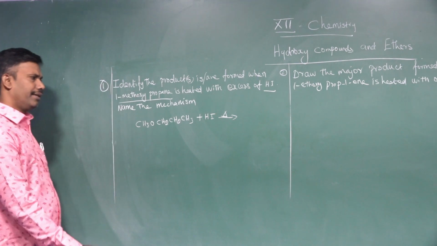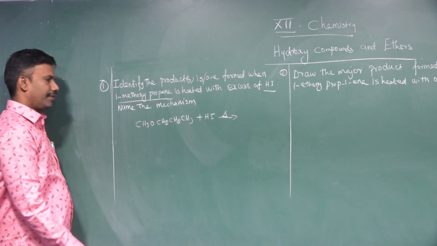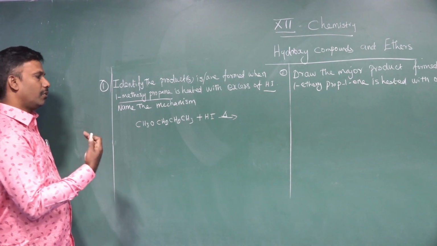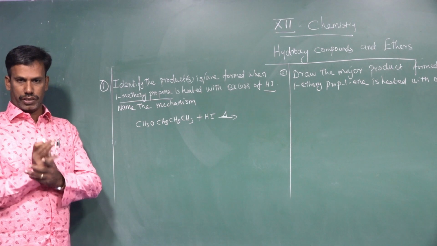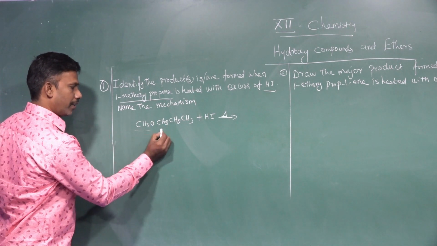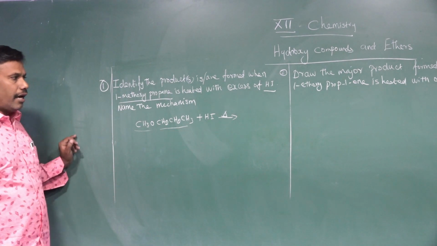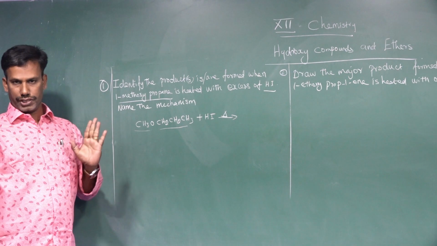Whenever it's treated with HI, the iodine tends to go with the smaller alkyl group. You know very well, ethers contain two types of alkyl group, one larger, one smaller. This is the smaller part, this is the larger part. The iodine always tends to go with the smaller part. This is the logic.